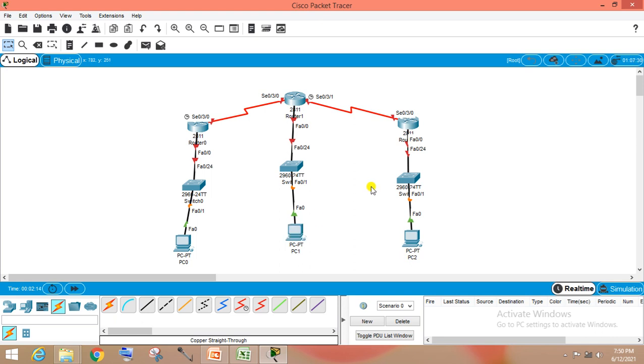Okay, we have made our topology, and now what IPs do we assign?